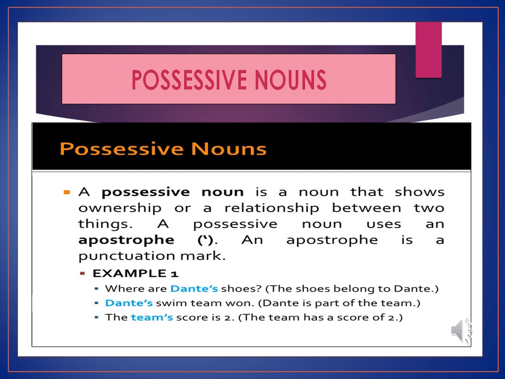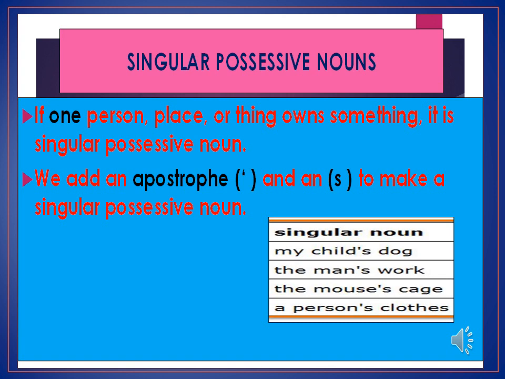You can see, where are Dan's shoes. Dan is the noun to which an apostrophe is placed and also an s is added, which shows that the shoes belong to Dan. So this is a possessive noun. Apostrophe in this lesson was used to show possession or belonging. Now this is a singular possessive noun.